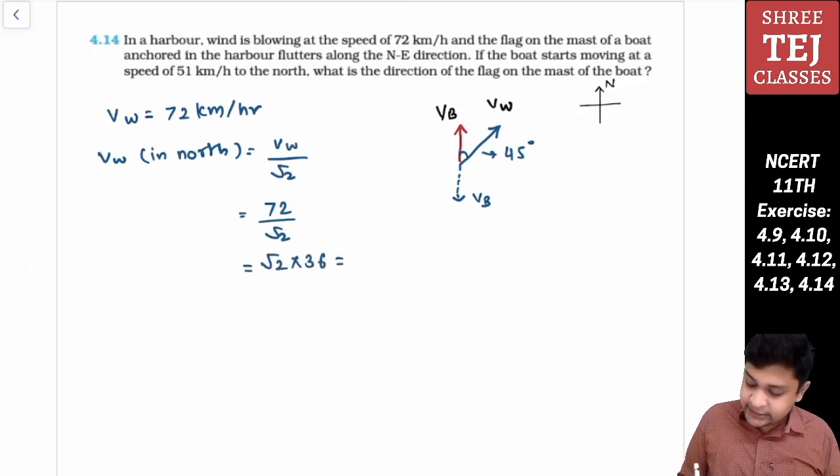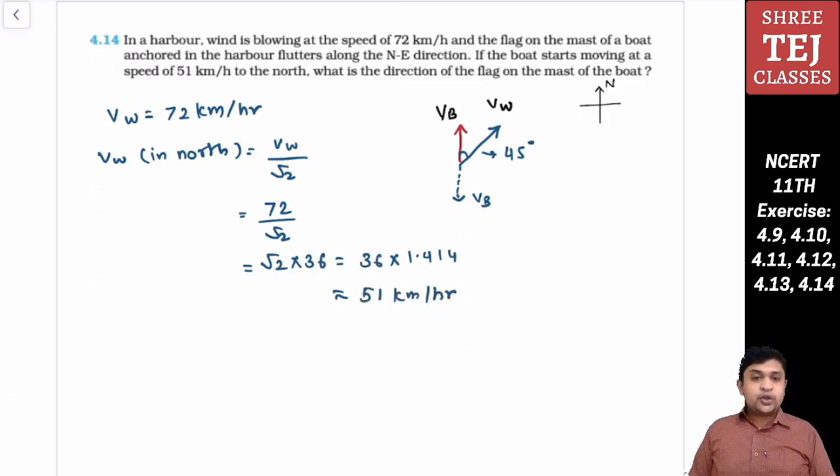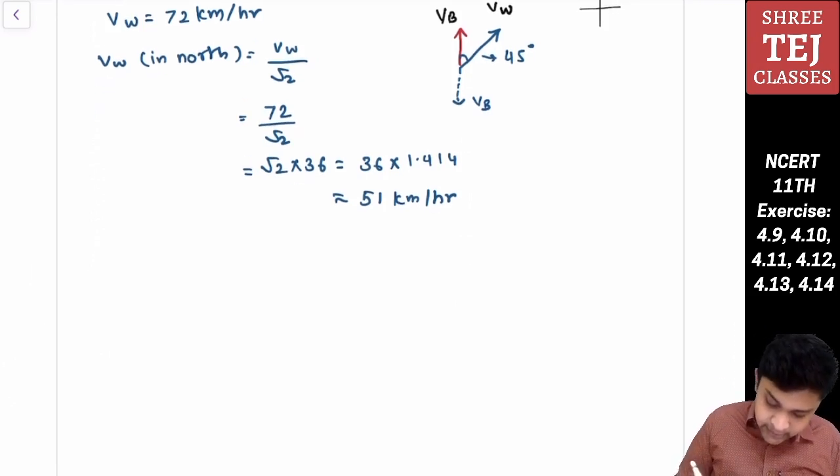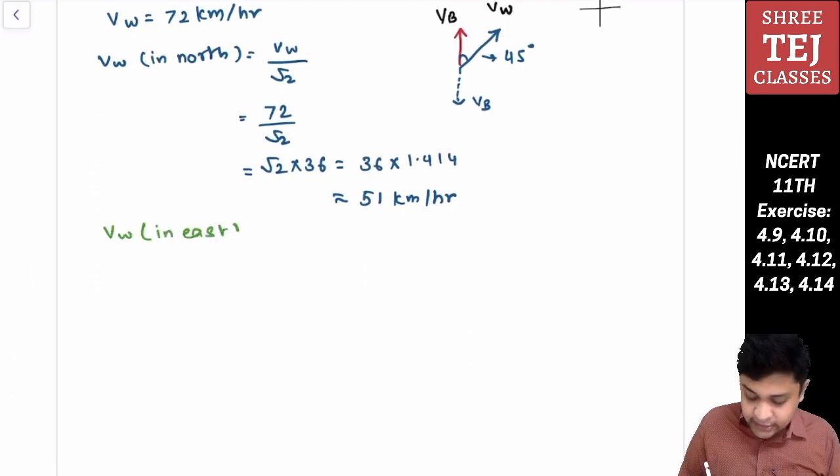So it is 36 multiplied by 1.414, which approximately comes out to be 51 kilometer per hour. So the velocity of the wind currently in the north direction is 51 kilometer per hour, and the velocity of wind in the east direction will also be equal to that, approximately 51 kilometer per hour.